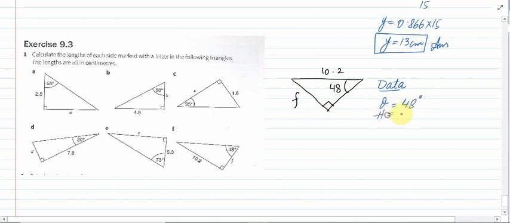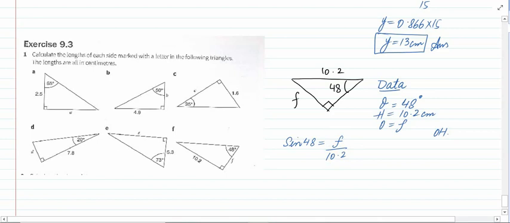Hypotenuse is 10.2 centimeter and opposite is unknown, that is F. So opposite and hypotenuse, again which working formula? Sine. So sine 48 equals opposite F, unknown, over hypotenuse 10.2.